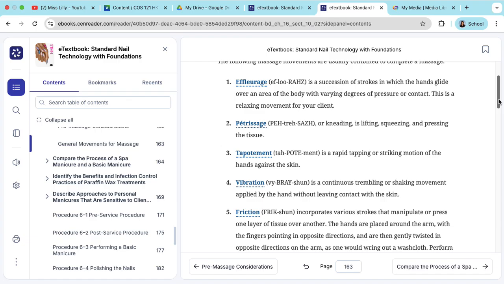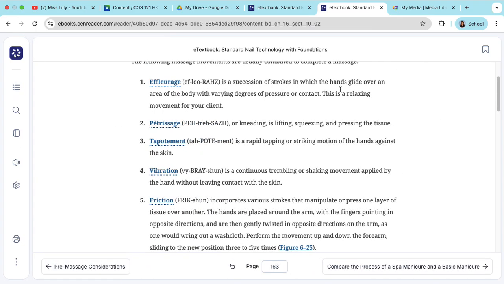Tapotement is a rapid tapping or striking motion of the hands against the skin. Vibration is a continuous trembling or shaking movement applied by the hand without leaving contact with the skin. Friction. Friction incorporates various strokes that manipulate or press one layer of tissue over another.